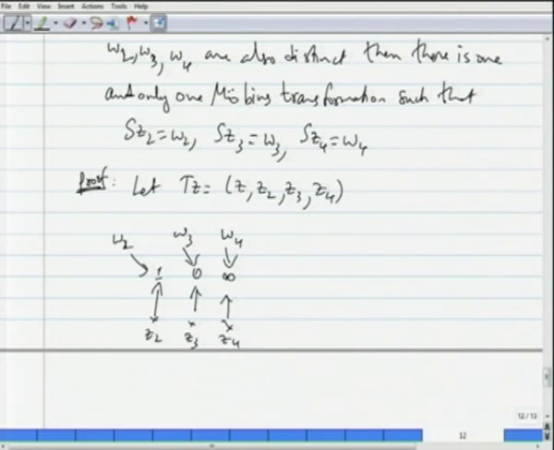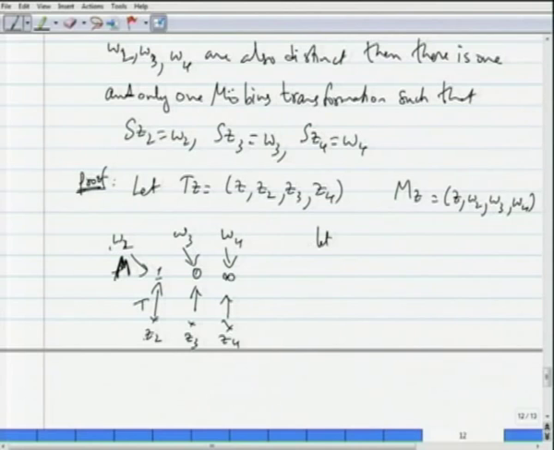This is the schematic. So, I am going to call this M of Z is equal to (Z, W 2, W 3, W 4). So, M is the one which takes W 2 to 1, W 3 to 0 and W 4 to infinity.